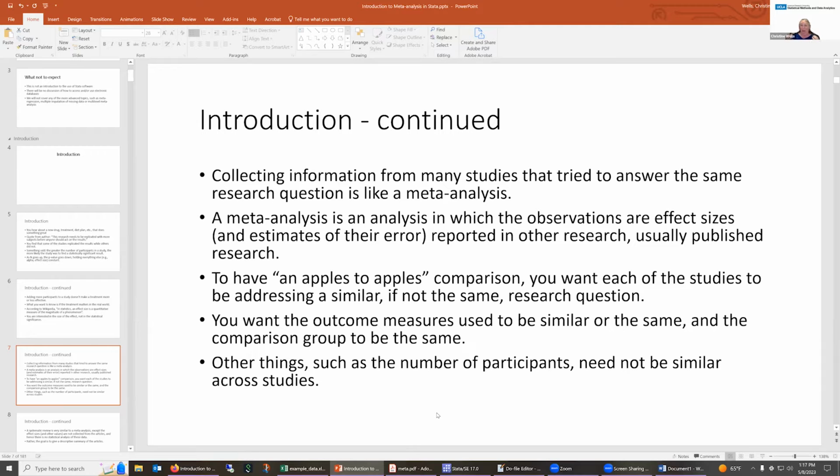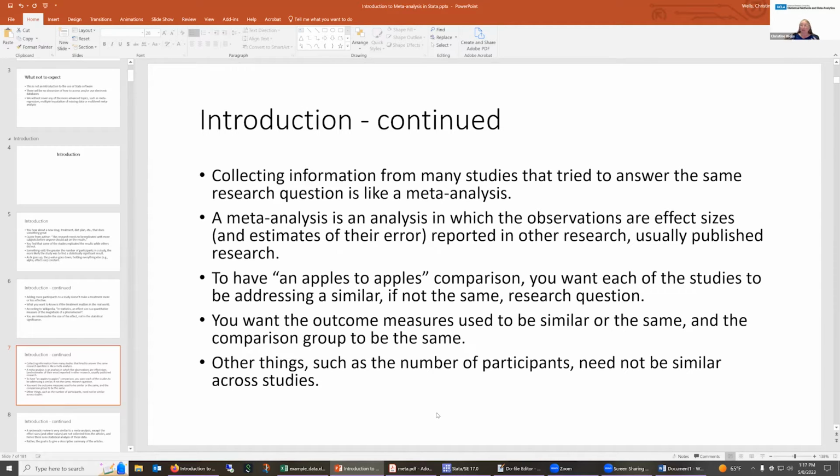So we need not only the effect sizes, but we need estimates of their error, because an effect size is like anything else we estimate in statistics. We never estimate it perfectly. You know, we're not that good. We have an estimate of its error, and whether that comes in the form of a standard error or a confidence interval, either way is okay. But you need to have those things.